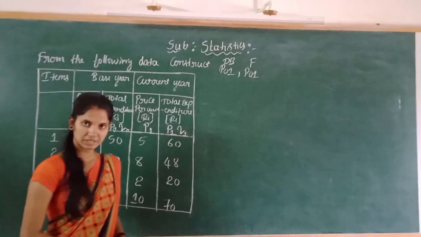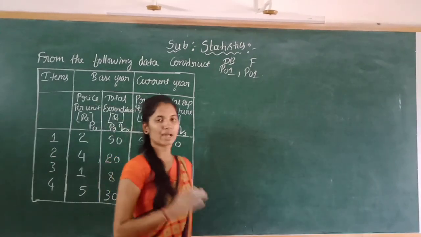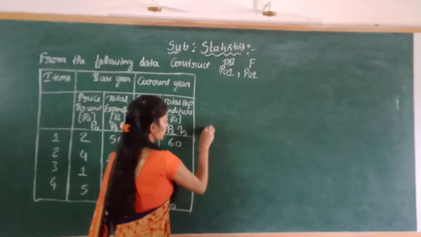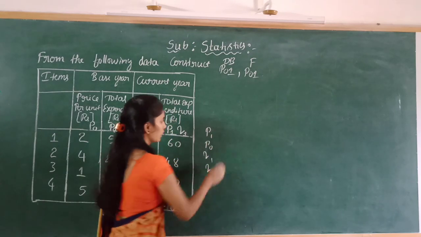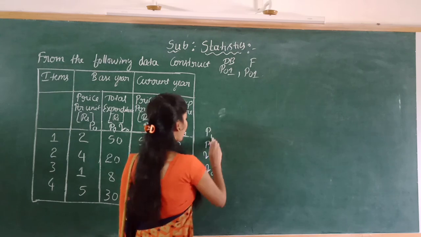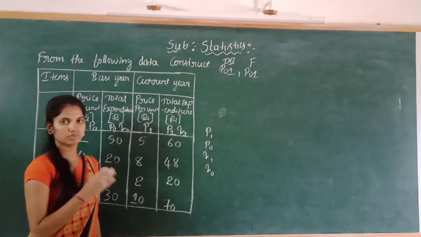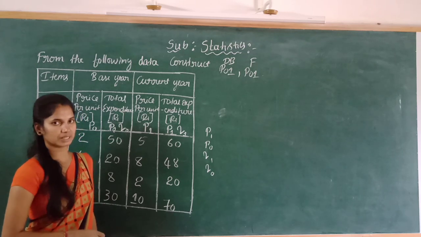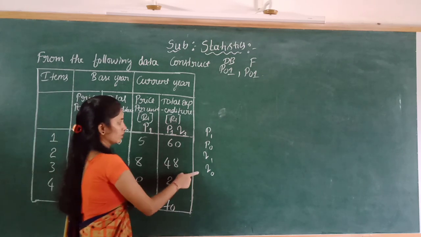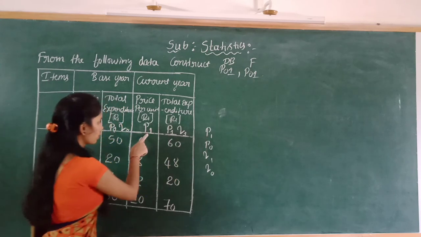In the weighted expenditures we need the values of P1, P0, Q1, Q0, and these values we need to calculate with the formulas related to the weighted price index number. Observe here, we have P1 values.